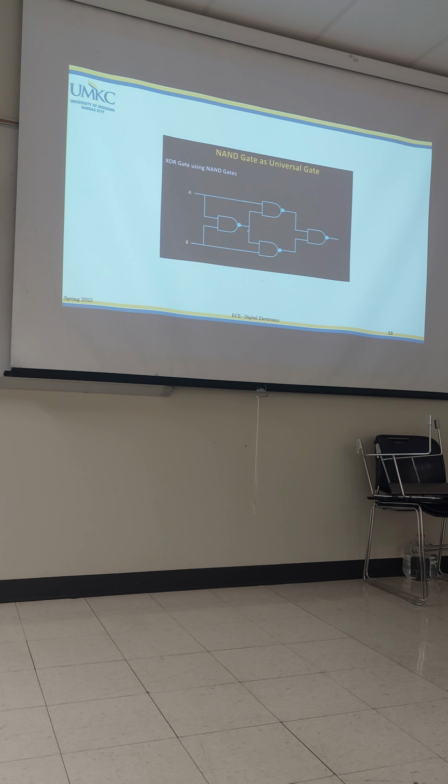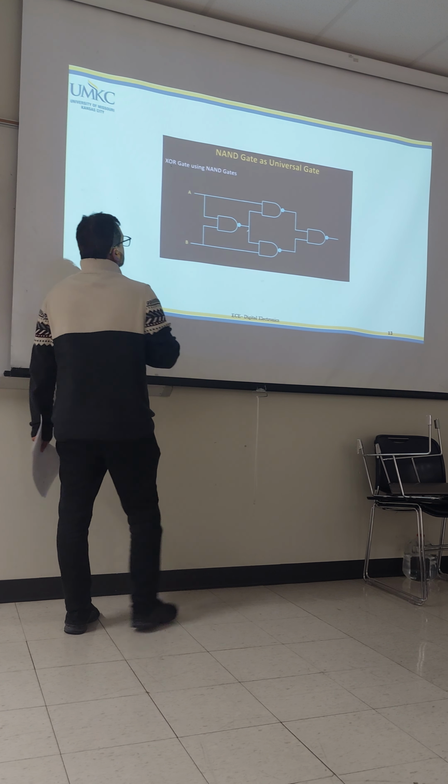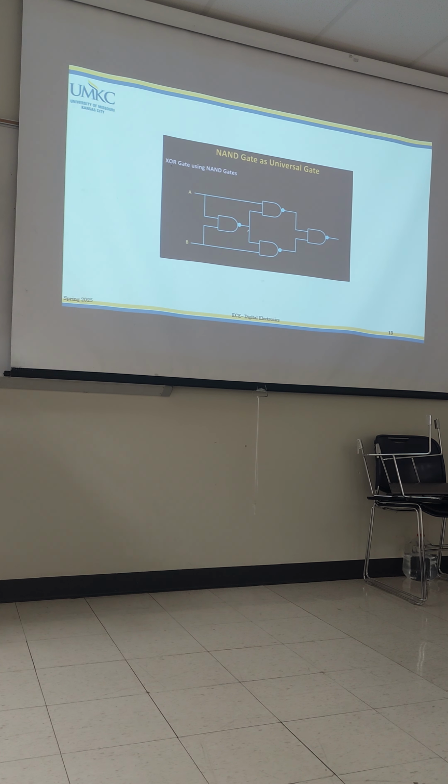Here, if you look, this one I'm talking about first. We give the A input here, and we give A and B to this input, right? So the output of the NAND gate, for example, let me draw first. So this is A, this is B. So here we'll get AB bar, right?